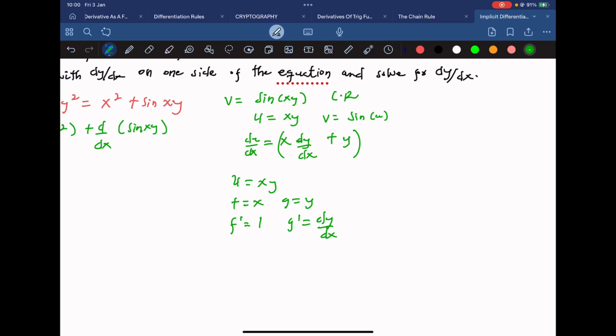So 1 times the dy/dx is dy/dx. So using the product rule, we have f g prime plus g f prime. So f is your x, g prime is the dy/dx, plus g, which is y, and your f prime is 1. So if you multiply, you have the same thing. So this is what we have over here, basically. I hope it's clear enough.